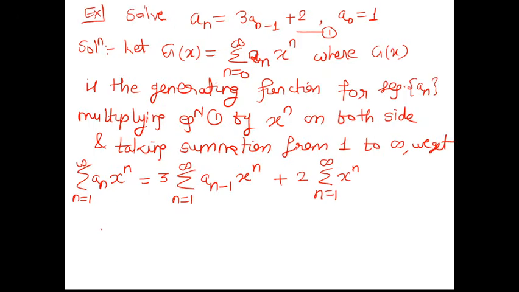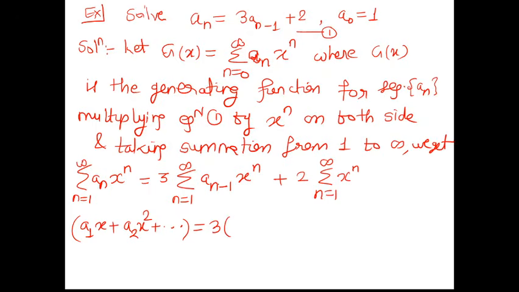Now after this, what will we do? We'll just apply the sum here. So it will be a1, putting the very first value to be substituted for n as 1. So a1 x plus a2 x square and so on, then equal to 3 times.